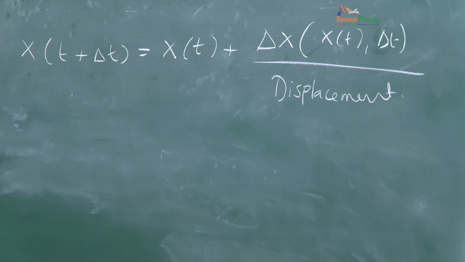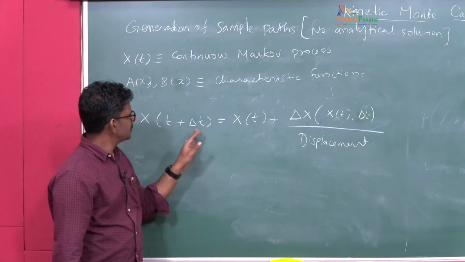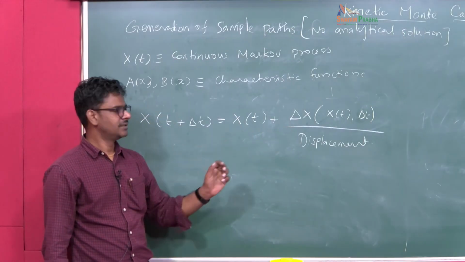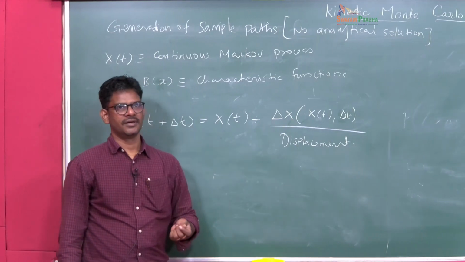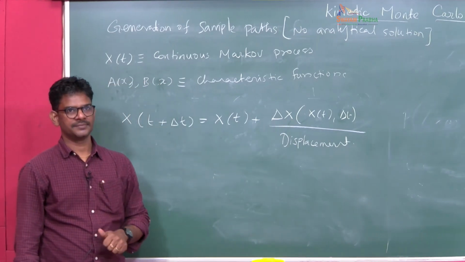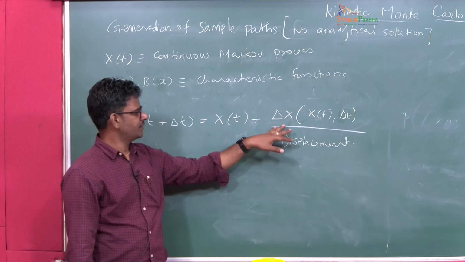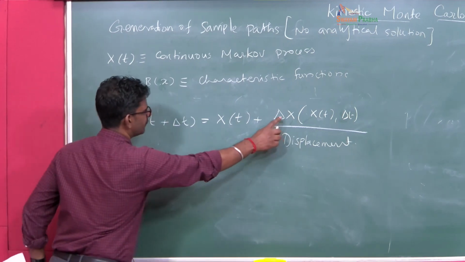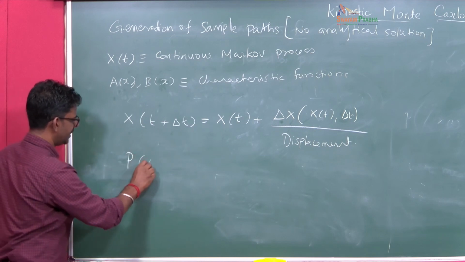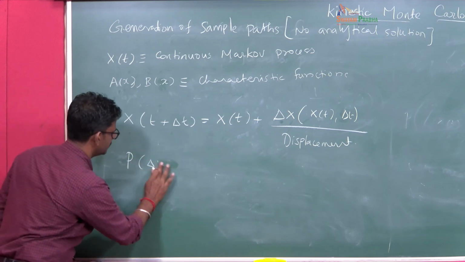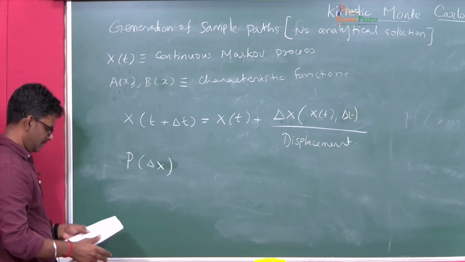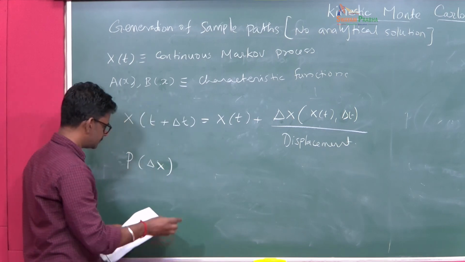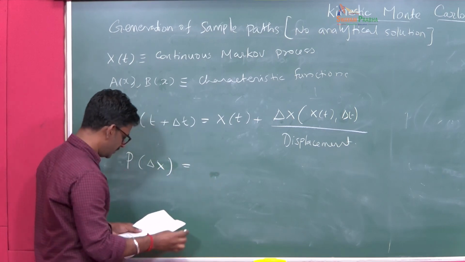It turns out, and I have given the proof in my notes, that regardless of the underlying distribution of x, this displacement will always be a Gaussian random number. So we say that the probability p of this displacement delta x follows a Gaussian random variable.